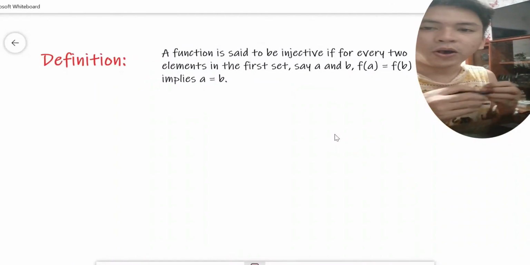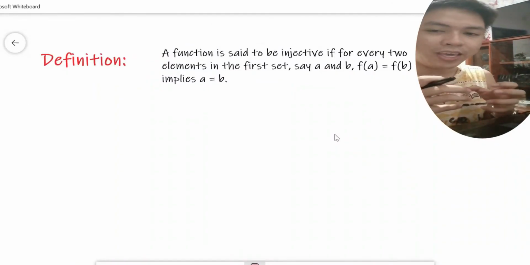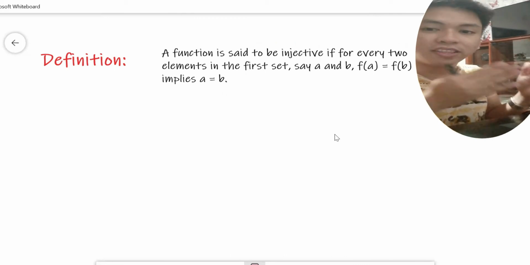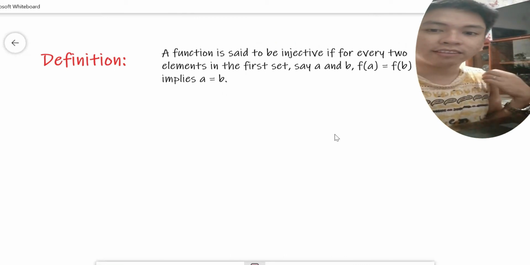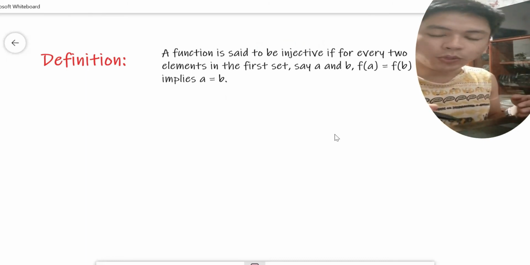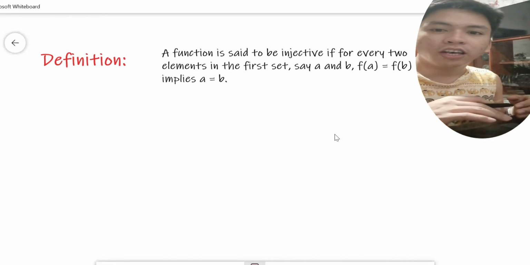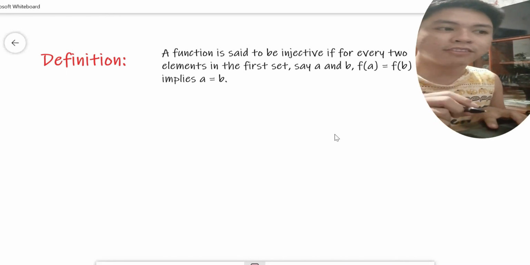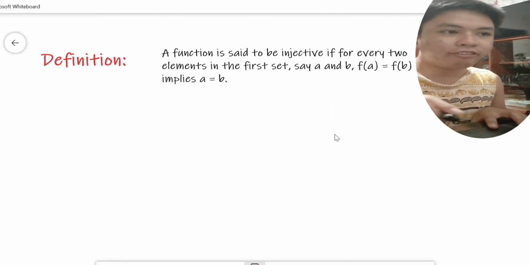That's it. Now that we have done conceptualizing what a function is and what a relation is, and how we identify when a given relation is a function or not, we will consider types of functions. First, we start with the injective function.